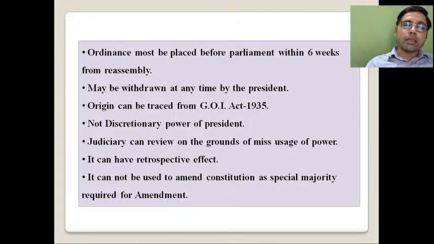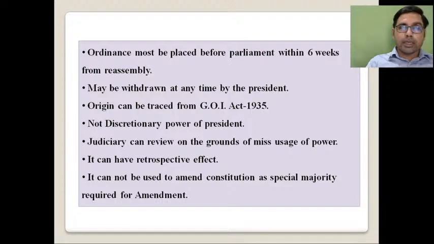And when I am saying president is promulgating an ordinance, don't think it as president in his personal discretion is doing it. President is promulgating an ordinance on the advice of Union Council of Ministers, and such ordinance making power of president is not immune from judicial scrutiny.